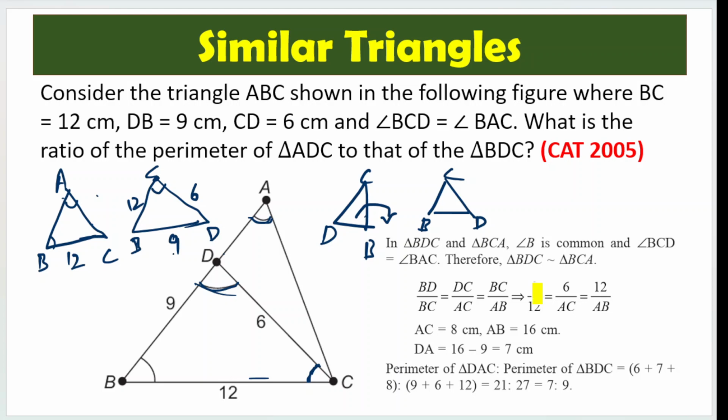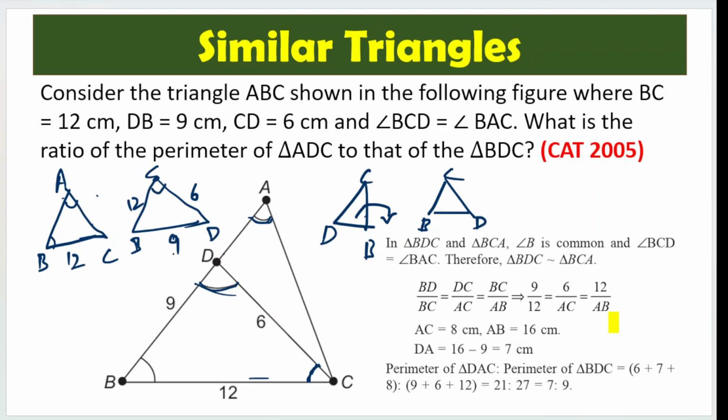So 9 by 12 equals 6 by AC equals 12 by AB. If we solve this, AC equals 12 into 6 by 9, which is 8 centimeters. Similarly, AB is equal to 12 into 12 by 9, which is 16.